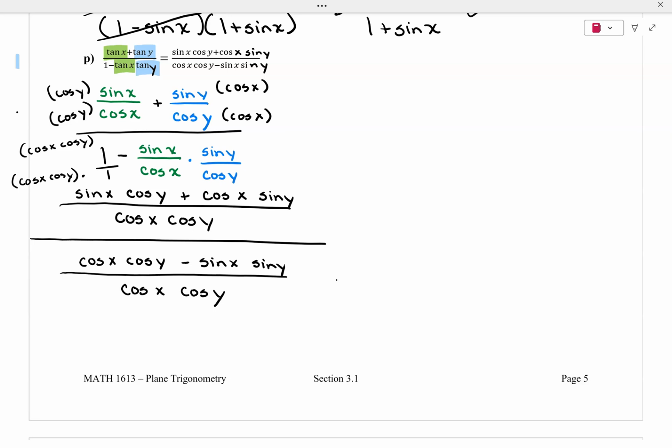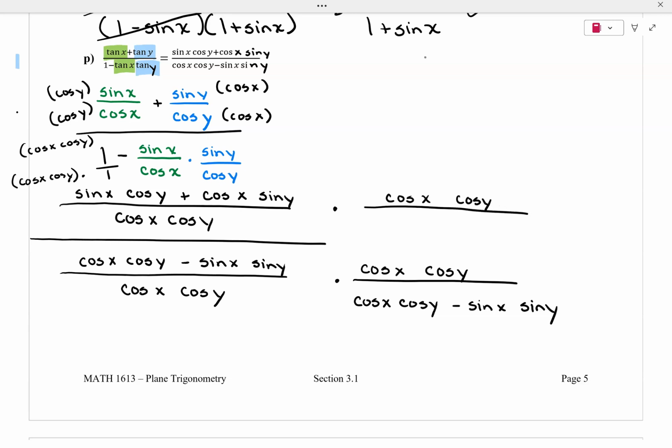Okay, so just like the other one that we've done, we have to multiply by that bottom fraction, the reciprocal of it. So we're going to multiply by cosine of x, cosine of y, all over cosine of x, cosine of y, minus sine of x, sine of y, times cosine of x, cosine of y, all over sine of x, cosine of y, plus cosine of x, times sine of y.